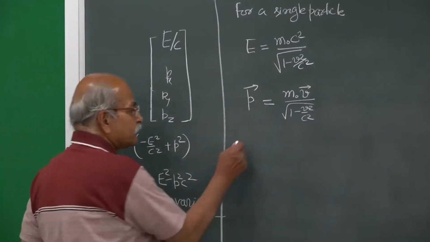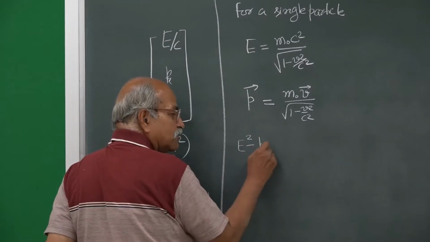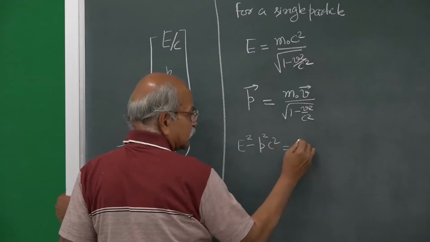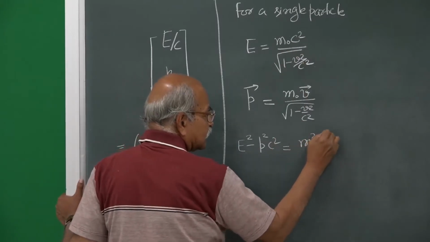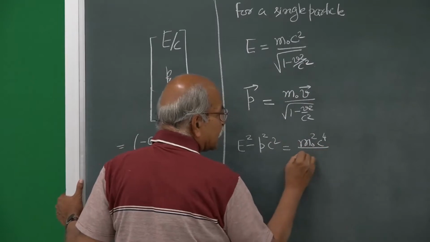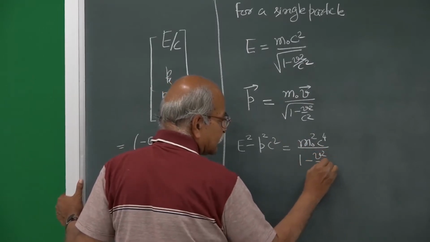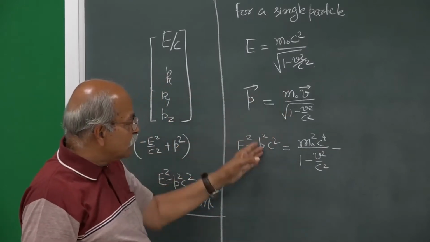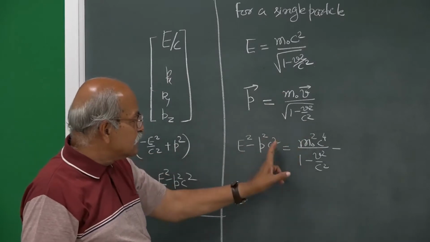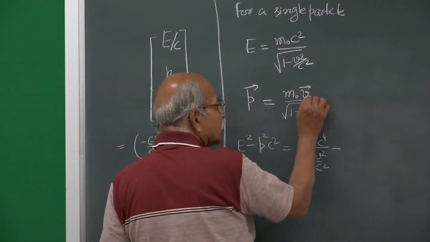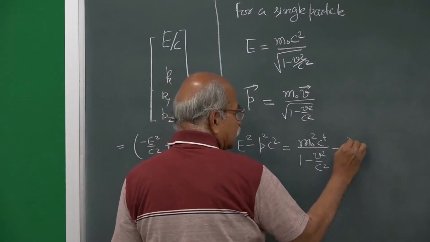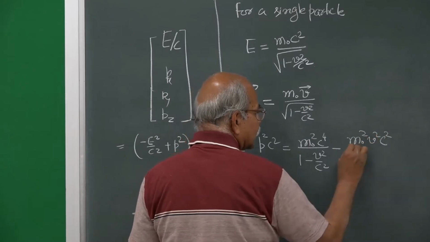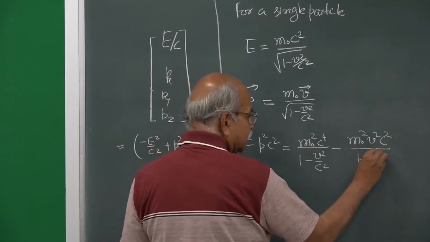E square minus the magnitude of linear momentum square times c square is equal to the square of this. So, m naught square c to the power 4 divided by 1 minus V square by c square, and then minus P square c square. So, square this, magnitude square this and multiply by c square. So, it is m naught square V square c square divided by 1 minus V square by c square.